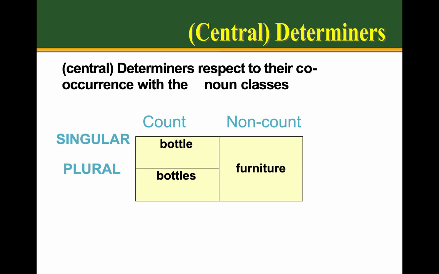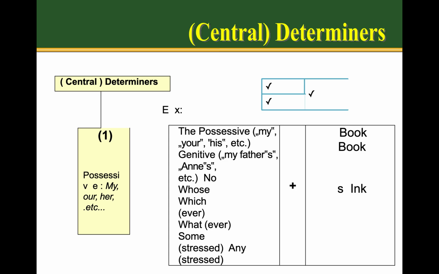Okay, central determiners are usually classified with respect to their occurrence with the noun. Usually when the noun is plural or non-count, there is a zero article on it. Central determiner possessives can come before nouns. For example, the possessive my, your, his book.